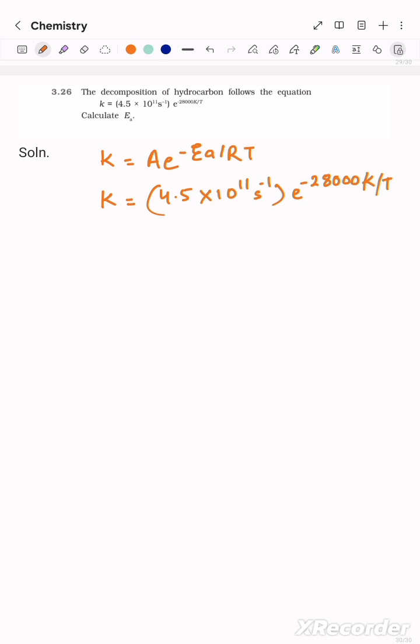Now here this is given in the form of A e to the power minus Ea by RT, so we can compare this. This is A and e to the power minus Ea by RT.